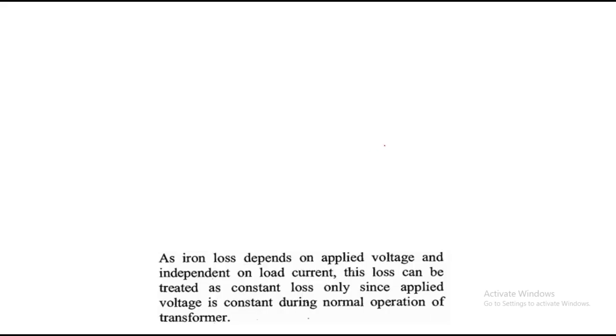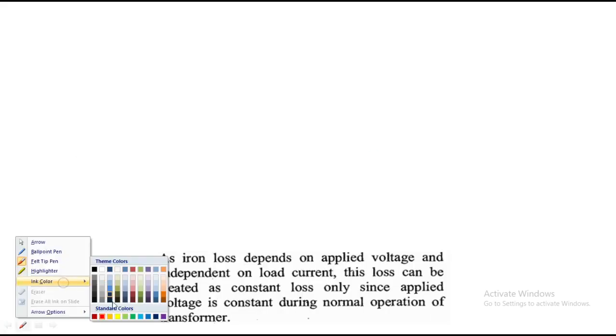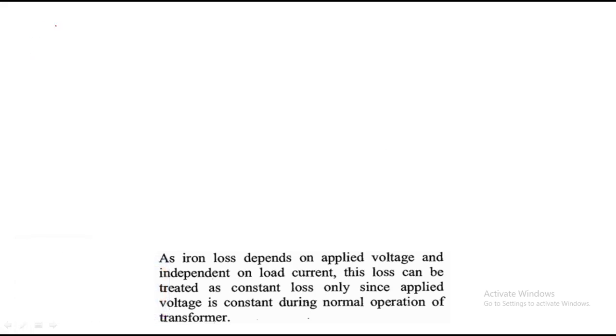Now I would like to explain a very important point. Listen carefully. If V is less than V rated and F equals F rated, therefore frequency is constant, with no change in frequency, only the supply voltage is reduced below rated voltage. This is case 4.